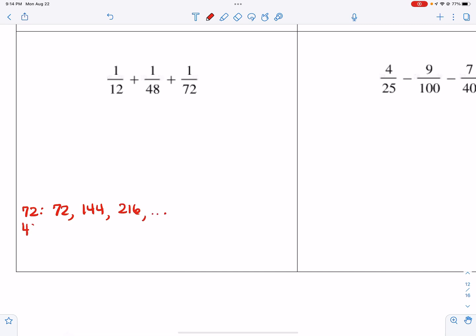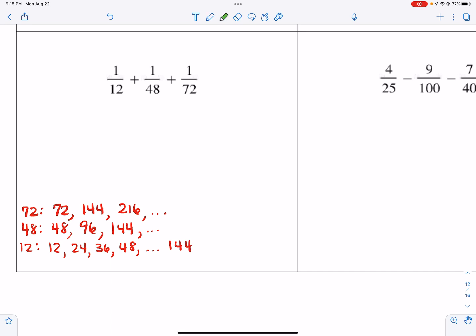If I count by 48s, I get 48, times 2 would be 96, and 48 times 3 is 144. Ooh, I'm going to stop because I think I know that the number is going to be 144. 12, 24, 36, 48, etc., and 144.